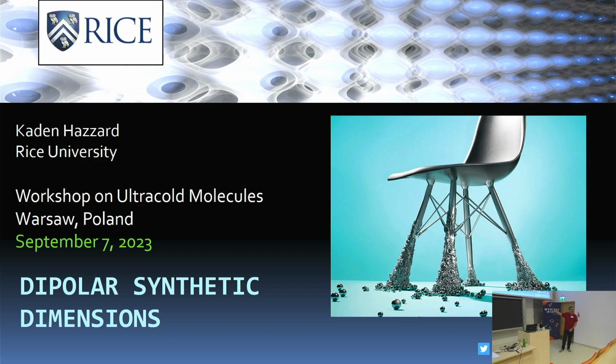This picture here is really supposed to be a picture of nanobots, I think is where I got this from, with the idea of having programmable matter: you type into a computer that you want a chair, and your nanobots build a chair. We want to do the same thing with quantum matter. I'm not really going to dwell on that perspective, but that's one of the reasons we like these synthetic dimensions: they give us exquisite control, really full control over the internal states of these molecules.